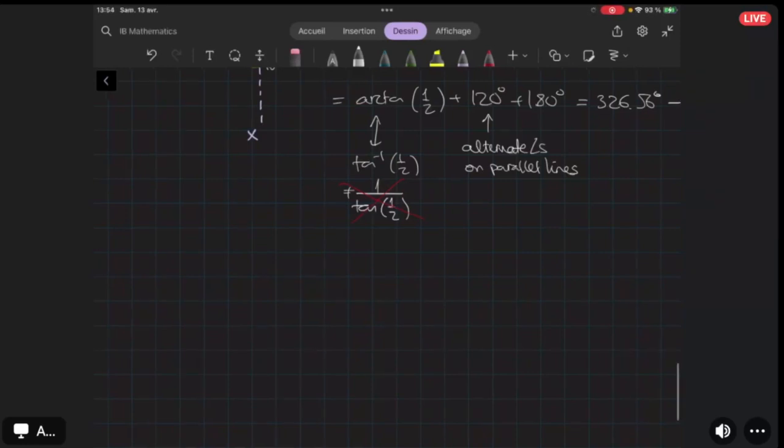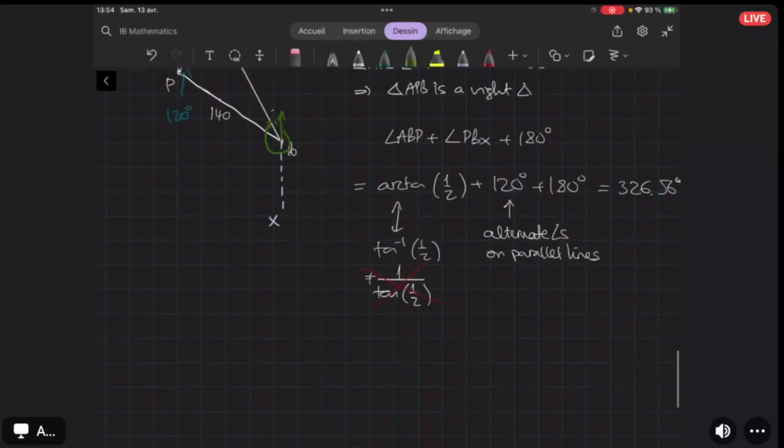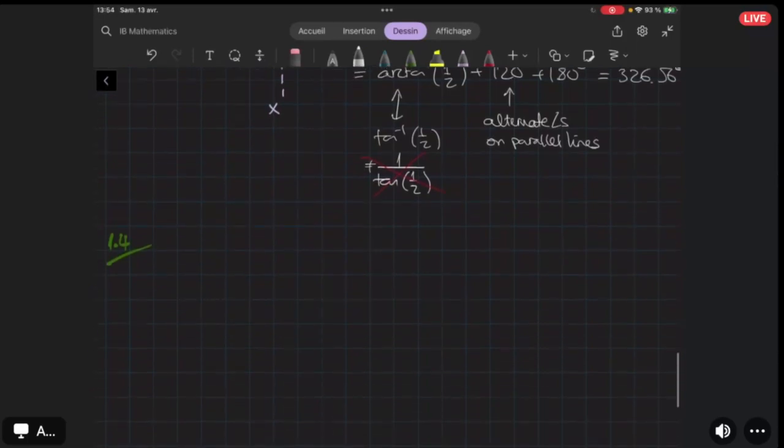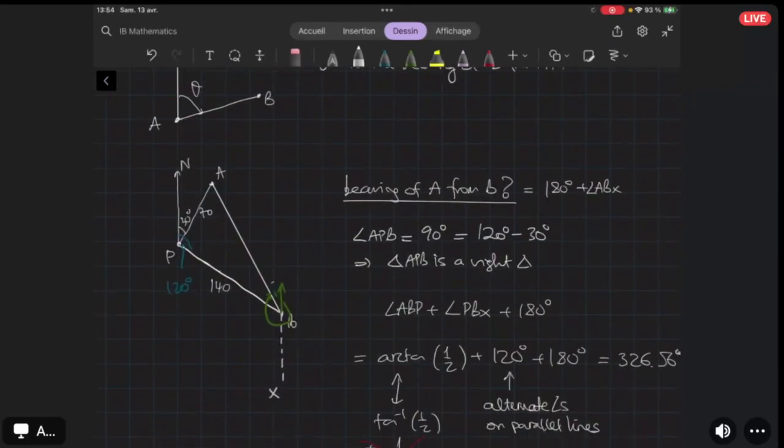Moving on to question 3. No, sorry, question 4. Beautiful IGCSE question. 360 minus angle 5, that works as well.